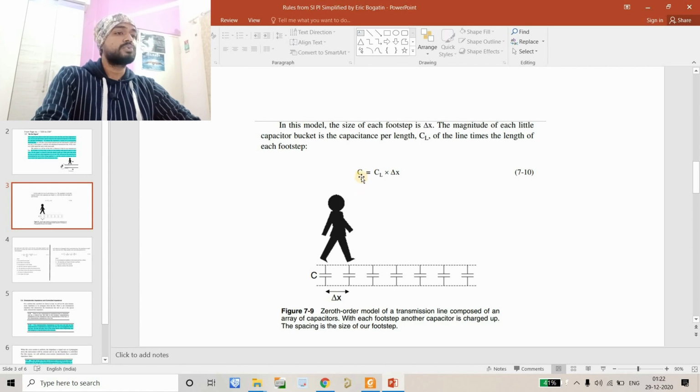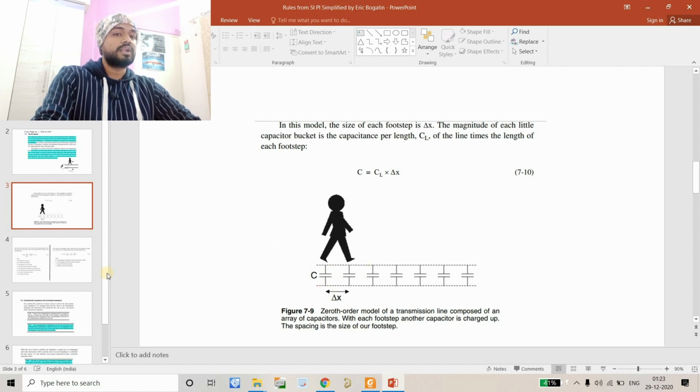From the formula, the capacitance of one footstep is the capacitance per unit length multiplied by the length of one step. From that we can calculate the instantaneous capacitance throughout the line, and that capacitance is between the signal and its return path.